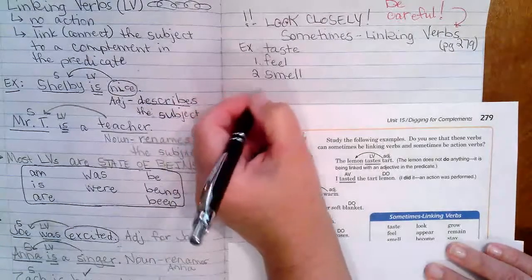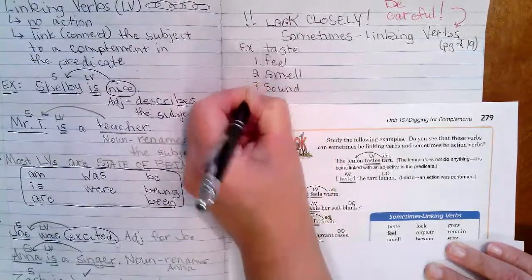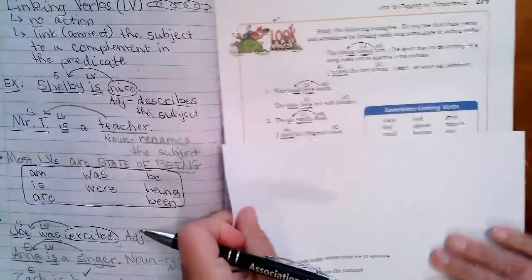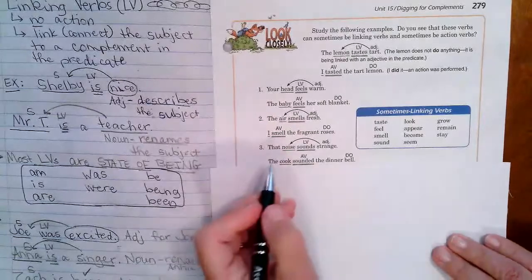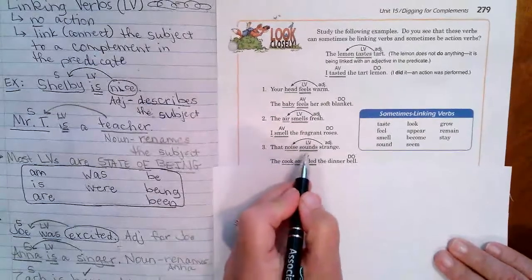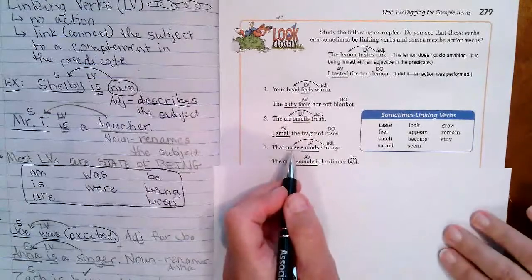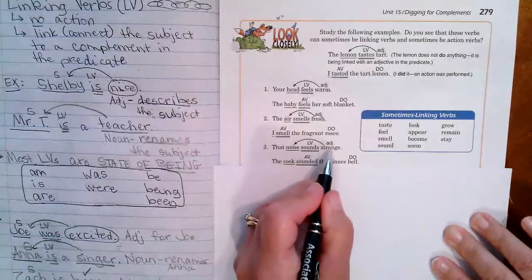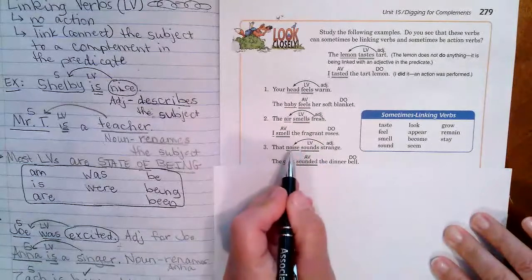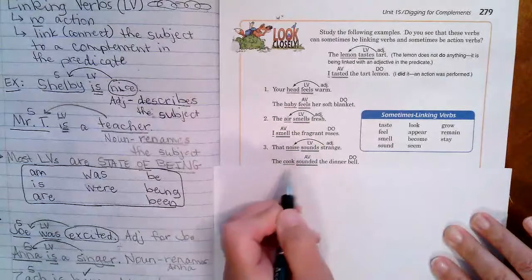The next one is sound, and that's number 3. Look at 3. That noise sounds strange. Can a noise perform an action? No, it cannot. Strange is an adjective that is describing the noise. So here, sounds is a linking verb. But look right underneath it.